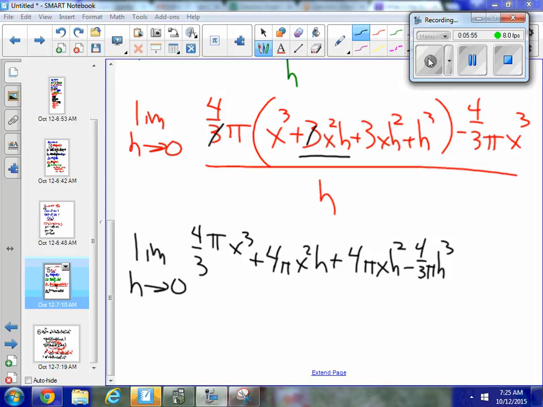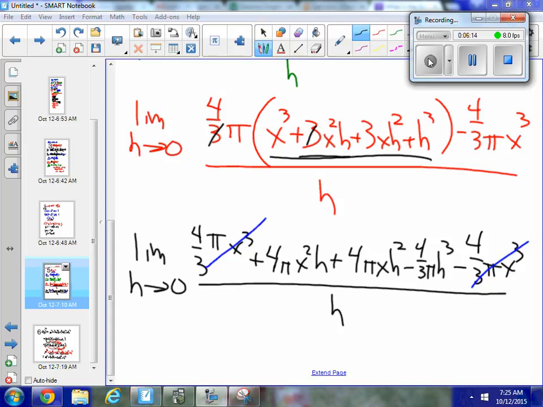So I took care of all of that right there, 1, 2, 3, 4 terms, minus 4/3 pi x cubed. All I'm really going to be able to cancel out right here is my 4/3 pi x cubed. Oh yes, don't forget, that's all over h.